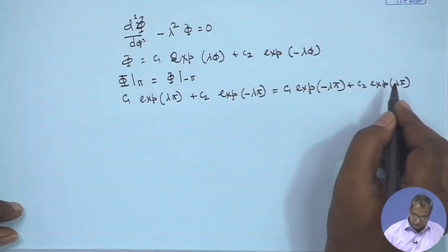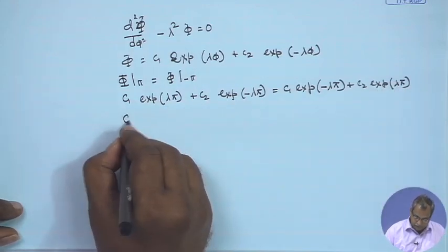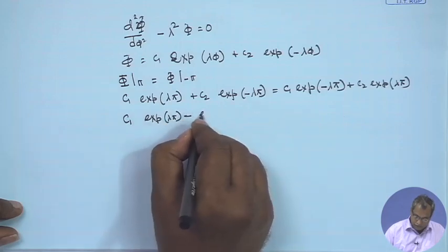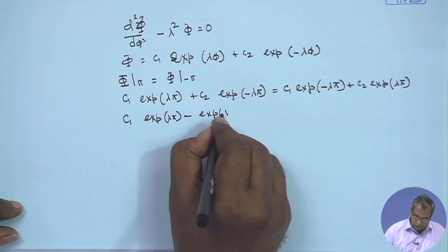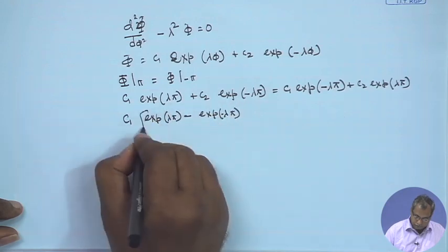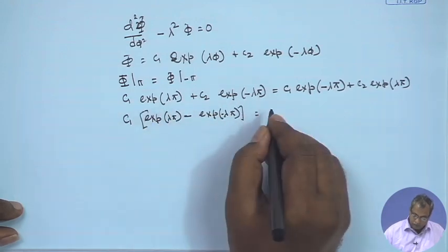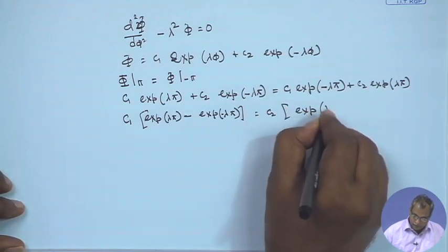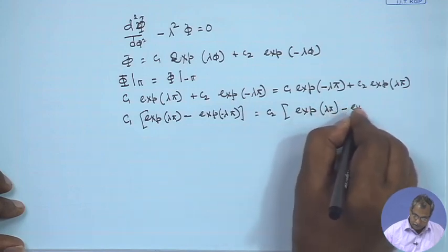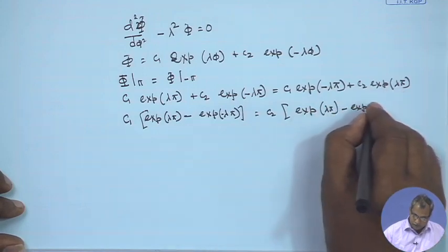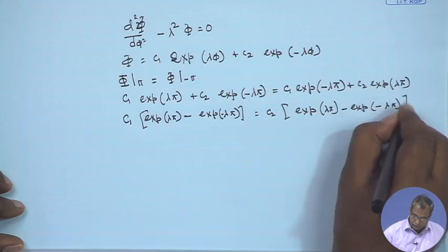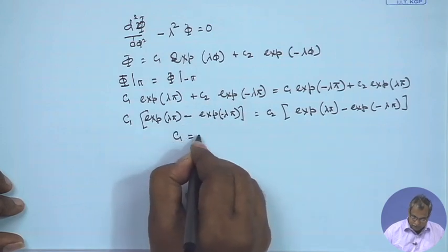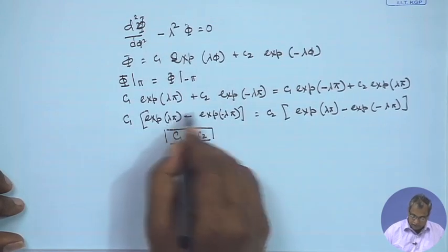If we take it to the other side, C1 times exponential lambda pi minus exponential minus lambda pi, and here C2 common, exponential lambda pi minus exponential minus lambda pi. So, this says that C1 is equal to C2. Okay, these two are equal and opposite.